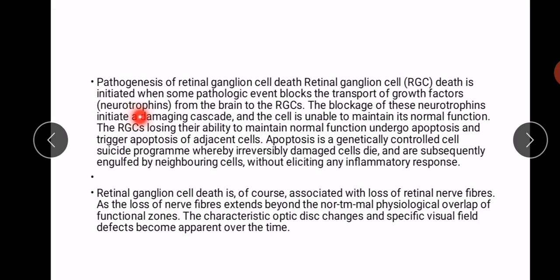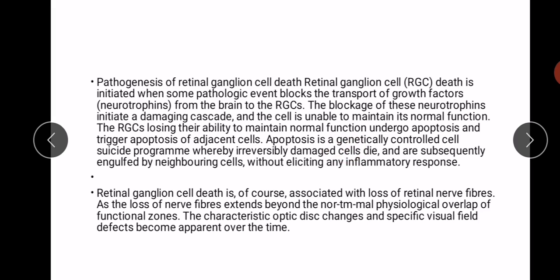So when they do not reach the retinal ganglion cells from the brain, it leads to apoptosis of retinal ganglion cells. The blockage of these neurotrophins initiates a damaging cascade and the cell is unable to maintain its normal function, and therefore it undergoes apoptosis and triggers apoptosis of adjacent cells.